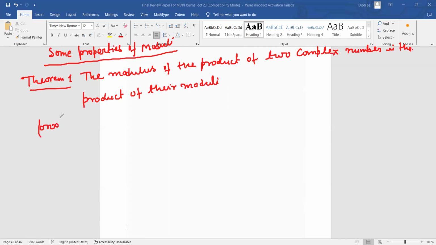So you can see the proof. Modulus of Z1Z2 will be equal to modulus of Z1 times modulus of Z2. We have to prove it.